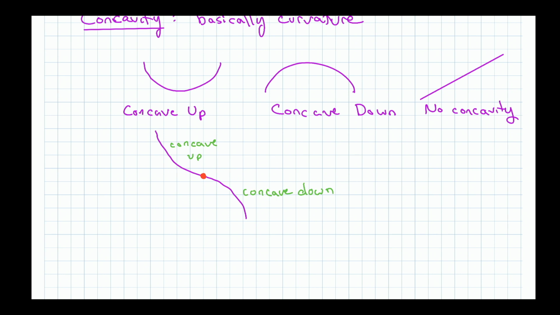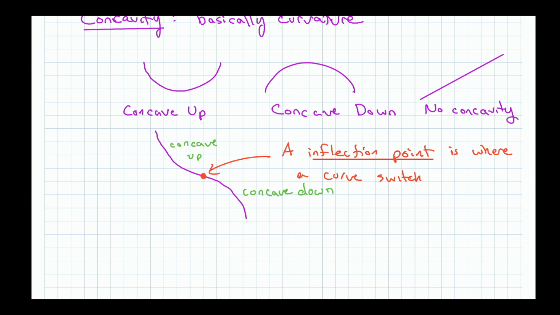If you do that, then that has a name. Where it switches concavity, that is called an inflection point. An inflection point is where a curve switches concavity from up to down or down to up.